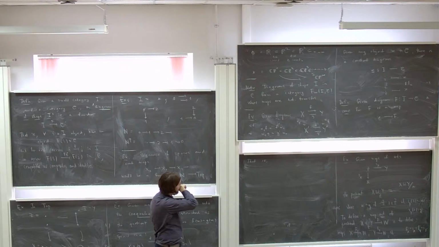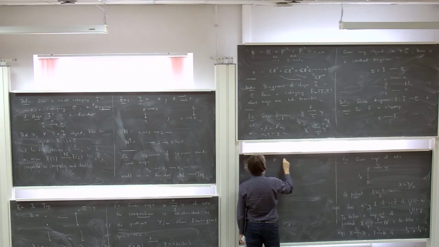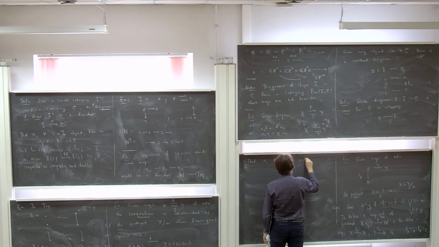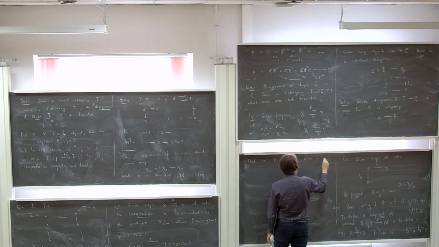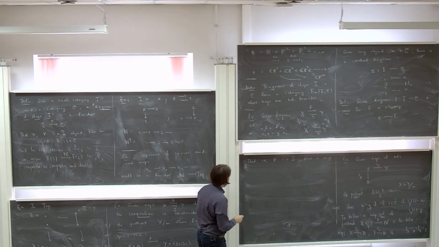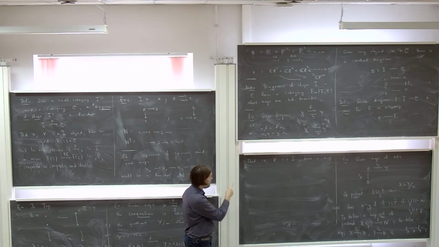I have the constant diagram. So for all objects I, we have a map, I'm not sure what I should call it. It's a natural transformation.